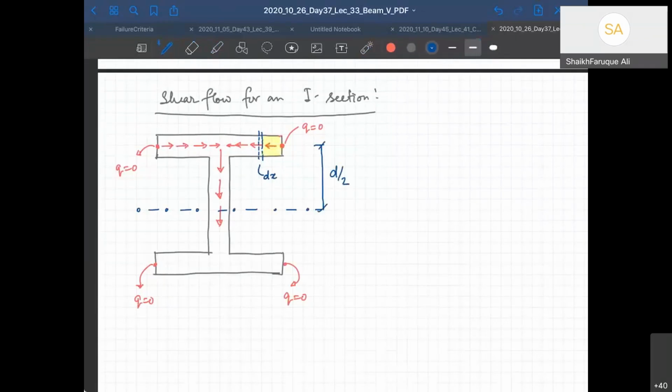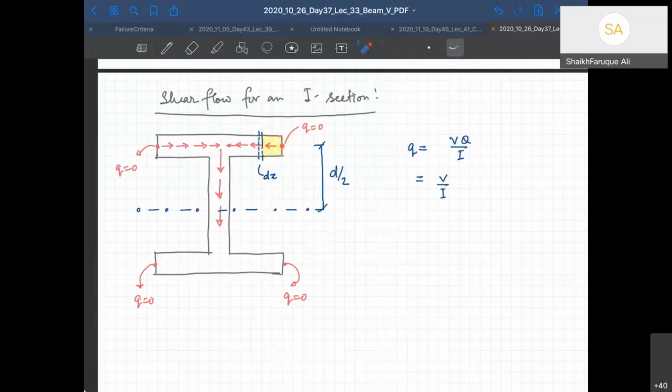So shear stress small q is given by V Q by I. Clear? Now V is known. V by I is also constant, I is for the complete cross section. What is Q? Q is the moment of this portion with respect to the neutral axis.